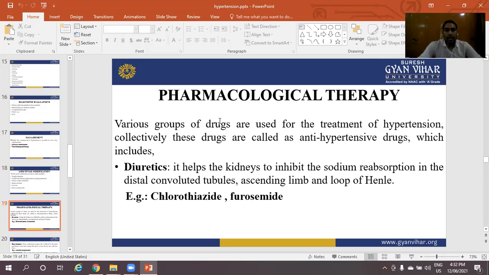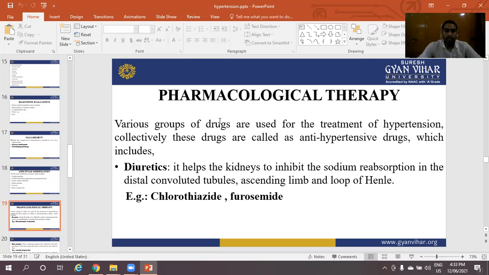Examples of diuretics are chlorothiazide and furosemide. These drugs are used in the management of hypertension.